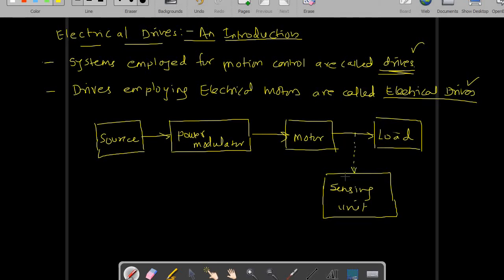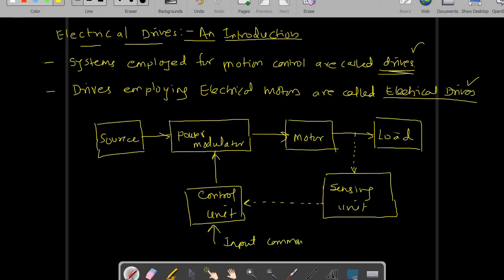Let me first draw this sensing unit. Then we have control unit. We have a control unit which is connected like this. Then this is input command.